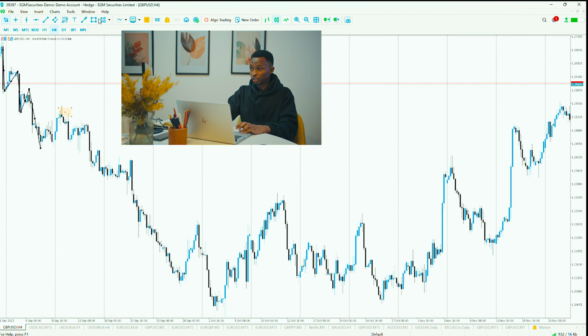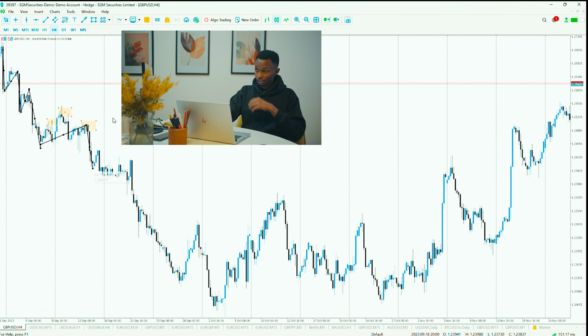Is it this point over here? Is it this point over here? Or this point over here? Yeah, so you can clearly see that this is the move that broke previous structure clearly. So this is what is going to be my next higher low or lower high for that matter. So the chart is going to look like that, and then we're going to move lower like that.